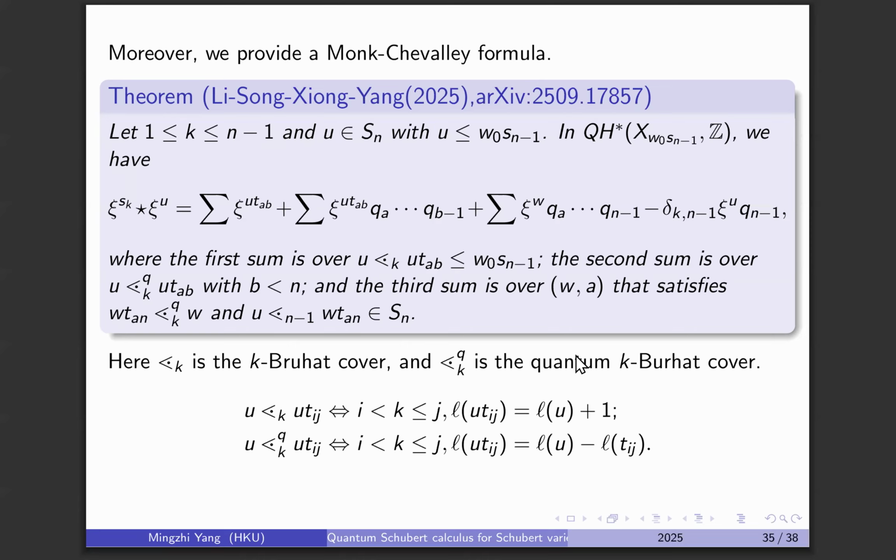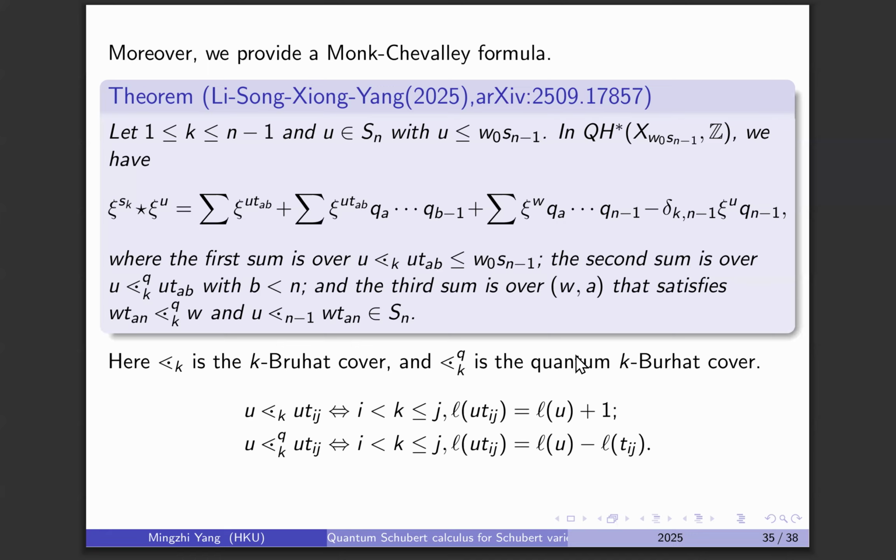We gave a Monk-Chevalley formula in the sense that for any simple reflection Sk, we give the product of the superclass indexed by Sk with any superclass indexed by u, and the formula is very explicit using the Bruhat order or K-Bruhat order and quantum K-Bruhat order.